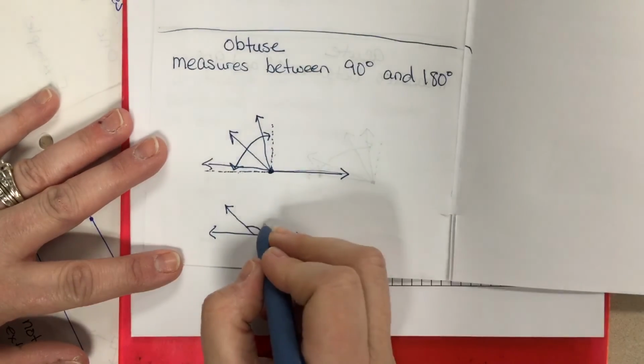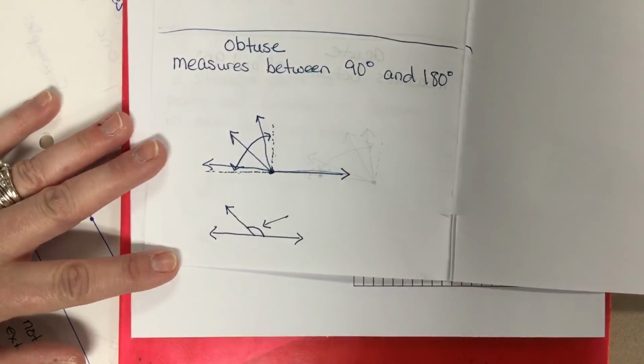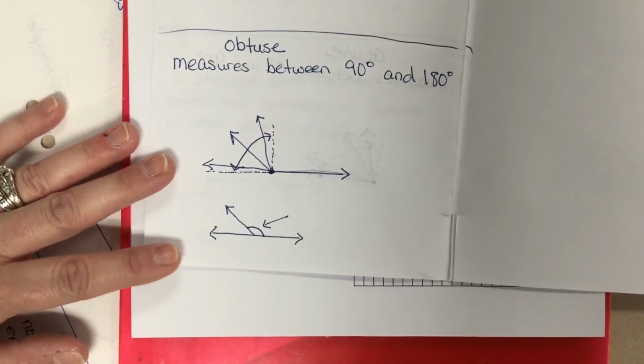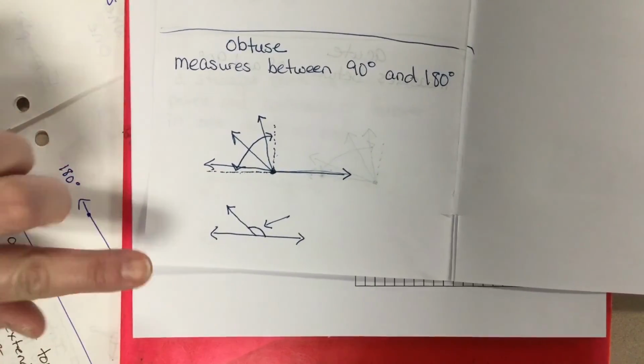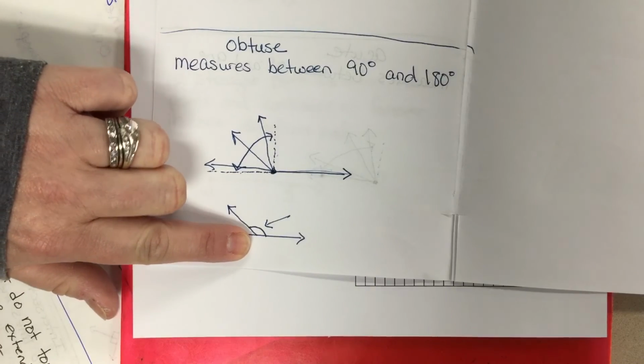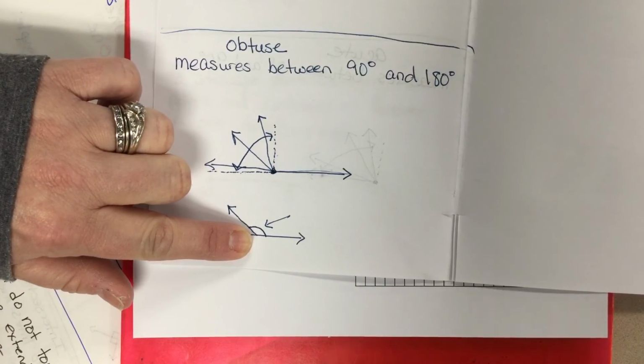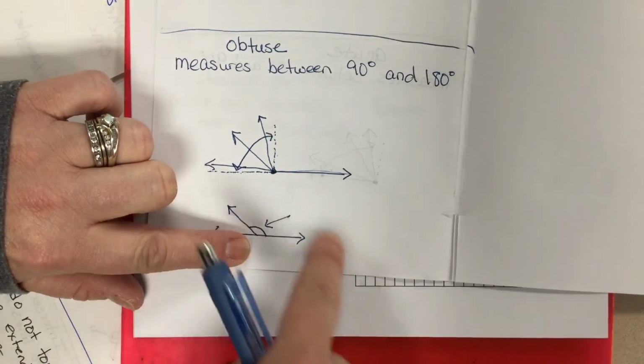Like this. So when you see an arc like that, it means it wants you to look at just that angle that's labeled. So it doesn't want you to look at this part of it. It wants you to look at this part of it.